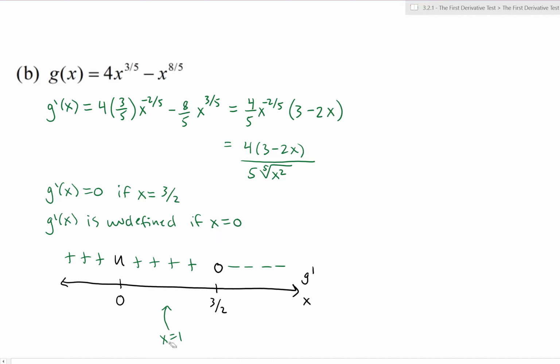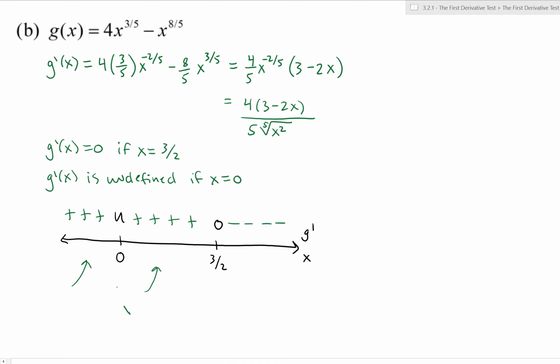So we see our sign changes, and in this particular situation, what we see is that at x equals 0, there is no sign change in the derivative. It's positive to the left of 0, and it's positive between 0 and 3/2. So there's no local extreme point at x equals 0, since the derivative does not change signs.